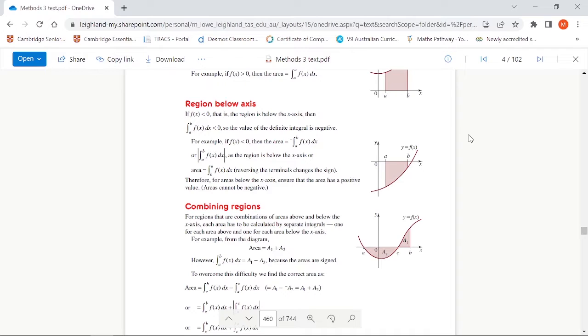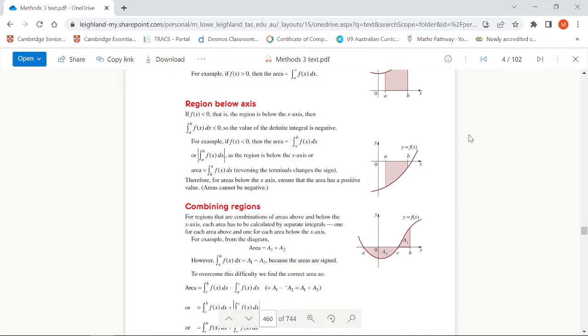If we were to just find the definite integral from a to b of this function, it won't give us the true area. It will work out this value here and subtract that value from it. So you can't just work out from a to b and then change it to a positive value if there's more negative area. It'll actually give you a false reading.